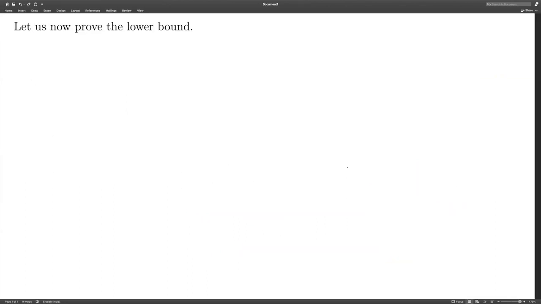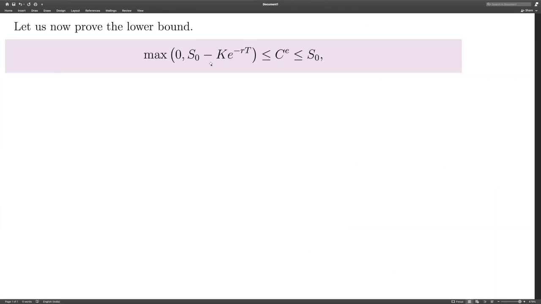So that is done. Let us proceed to prove the lower bound. Recall that the bounds for CE are given like this. Out of this, we have already proved this, and we will now proceed to prove the lower bound. Here you can see that CE is always greater than or equal to 0.